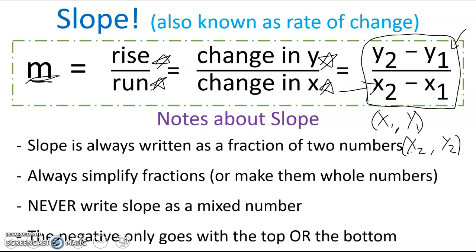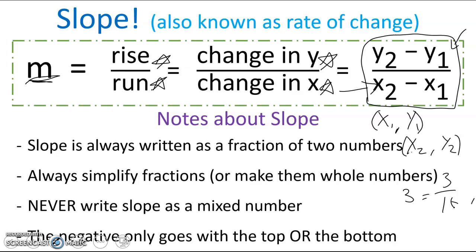Now, a couple things here. Slope is always written as a fraction, so it's always going to be basically one number over another number. We want to always simplify those fractions or make them whole numbers. Again, if you ever get something where, for example, it's 3 over 1, we can just write that as 3, okay? Or any number over 1 is just that number on the top.